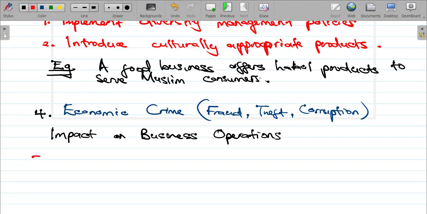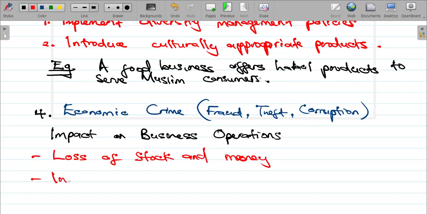Right? So the impact includes loss of stock due to theft and money due to theft or fraud. Right?